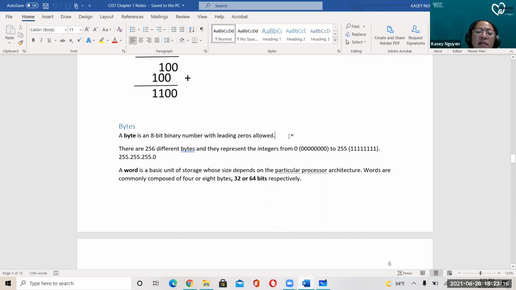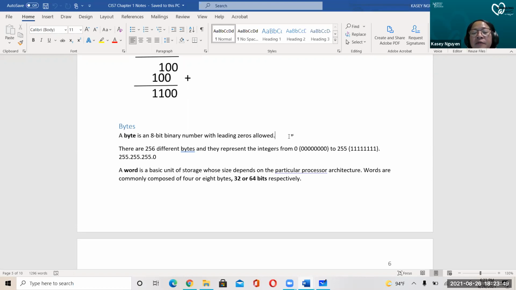In development, you would often think about how you can effectively and efficiently use your memory or storage, because there is a limit to the amount of storage that you can allocate for your application. So a byte ultimately is 8 bits, and that will be 8 binary digits that you would see to represent the byte.